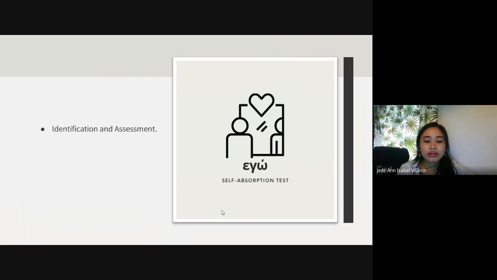In this way, the professionals could have a helping tool in identifying what could be the factors and what could be the reason why a person is self-centered.